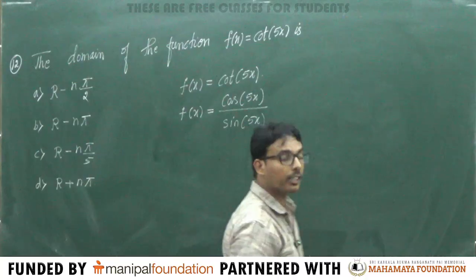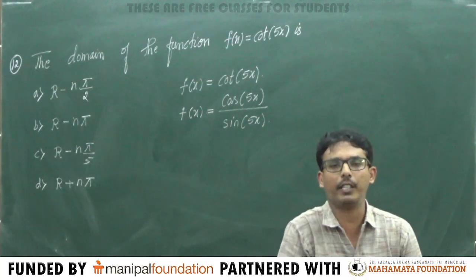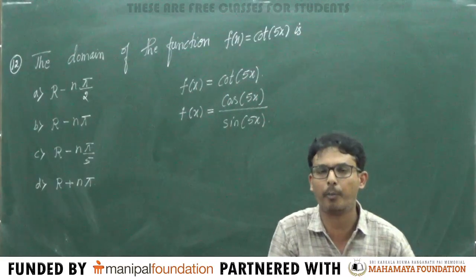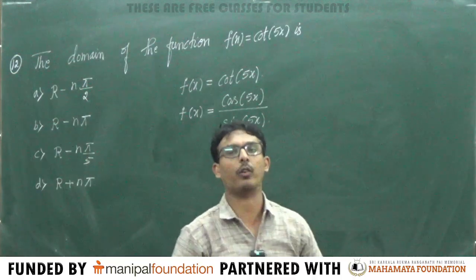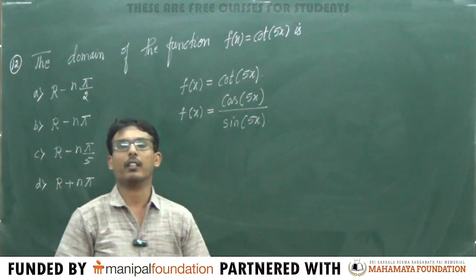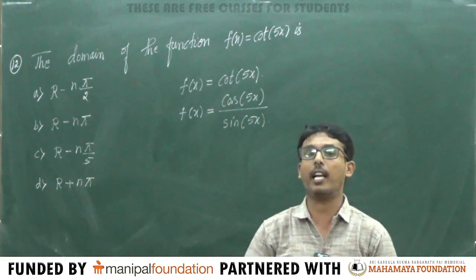We know that whenever they define a function in the form of p by q, the denominator is not equal to 0. We know that the sine function becomes 0 at integral multiples of the angle pi.